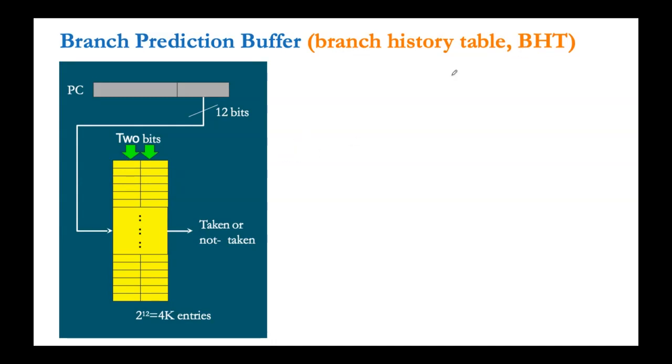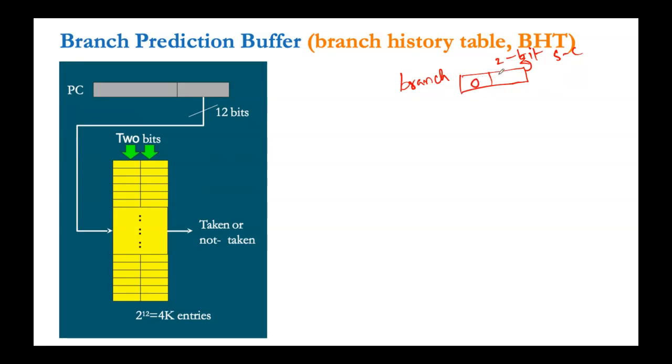In the branch history table with 2-bit saturating counters, suppose you have branch 1. For branch 1, a small buffer unit is used, which we call the 2-bit saturating buffer.